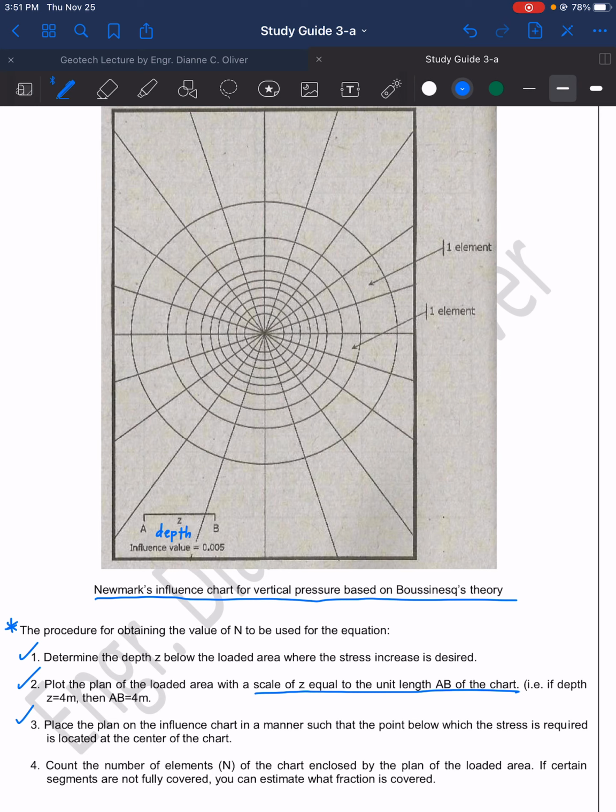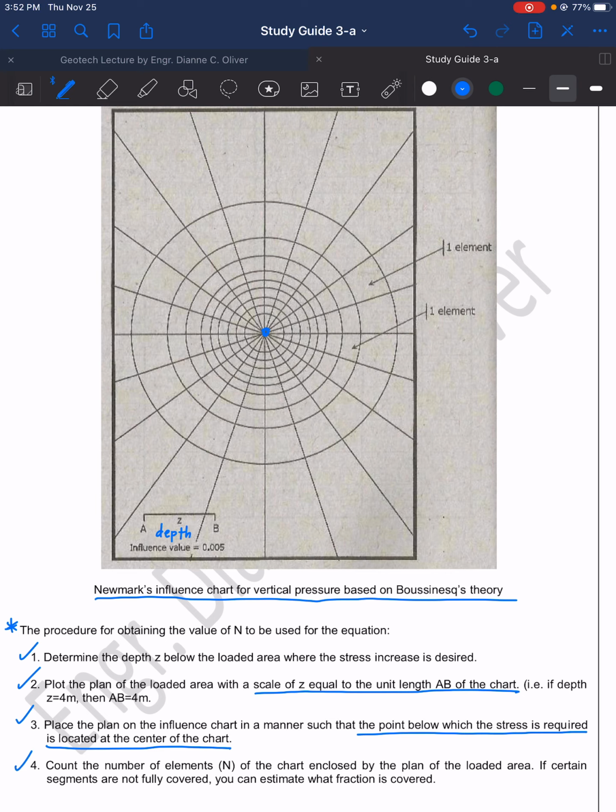Number 3, place the plan on the influence chart in a manner such that the point below which the stress is required is located at the center of the chart. So the center of the chart is where you will put the desired computation, or the point where we are getting the vertical stress increase.